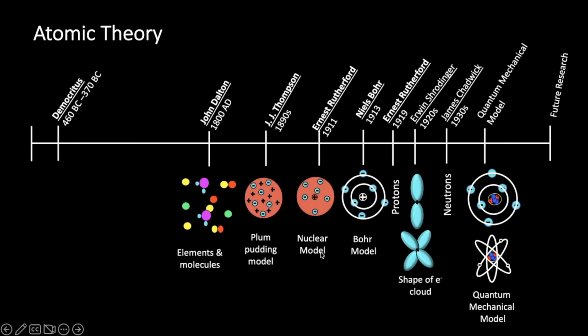Then we go to about 1911, where we have Ernest Rutherford. What Rutherford did was use the gold foil experiment to get the nuclear model.